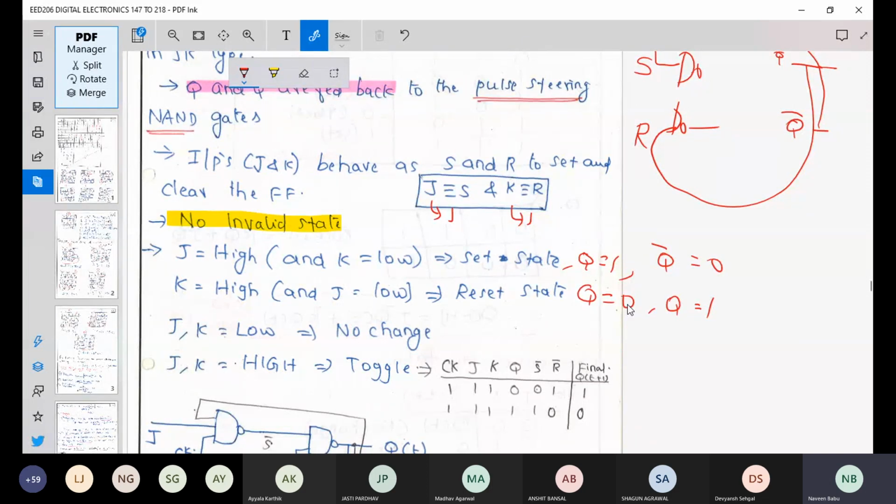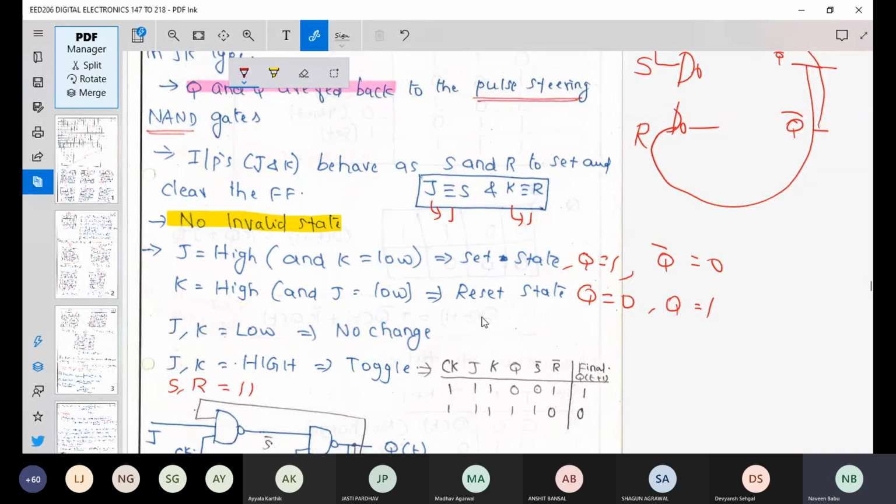In JK flip-flop, what will happen is your outputs will toggle.